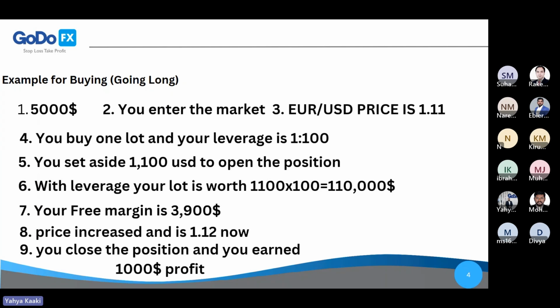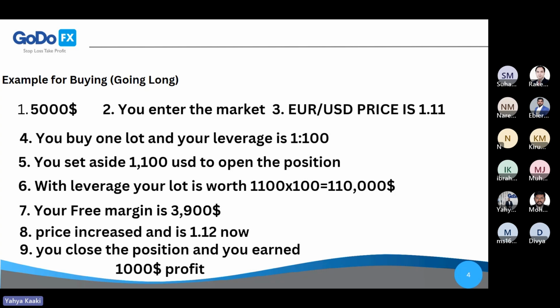So now, before, you set aside 1,200 USD. Why? Because the price is 1.20. We multiply it by 100, and since we opened one lot, it's 1,200 USD. So now 4,000 minus 1,200.